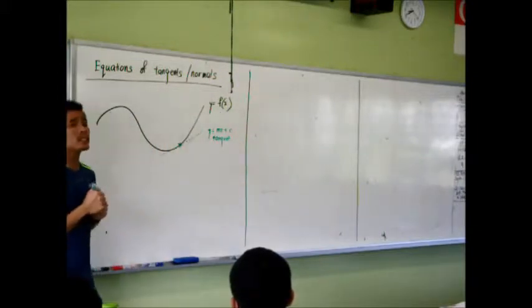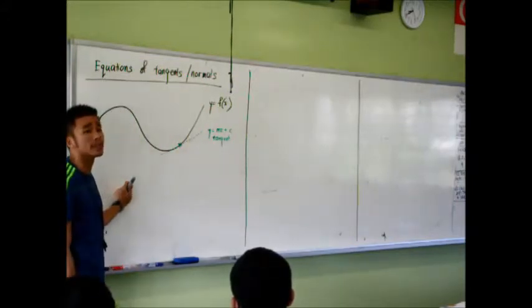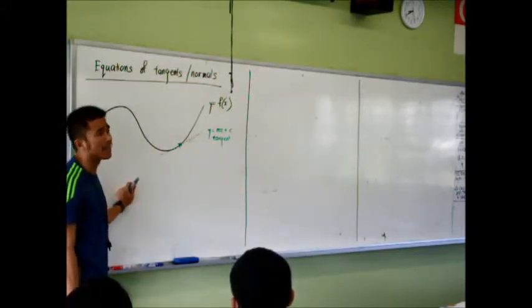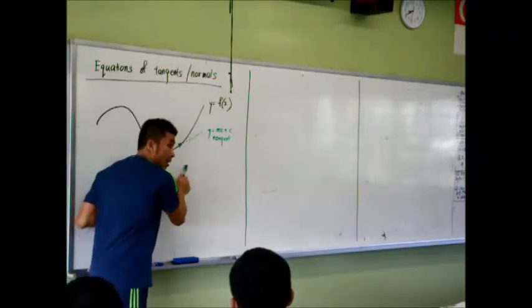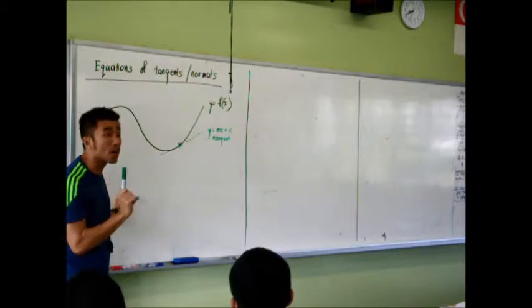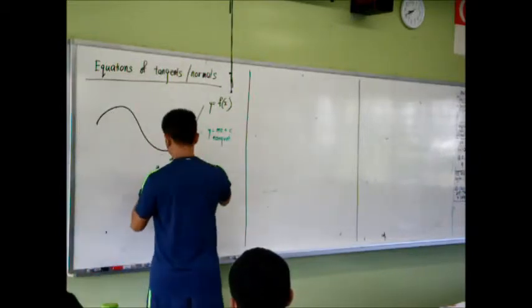But in this topic, you must also be aware there is this line called the normal. But what exactly is the normal? It is nothing too difficult. If this is the tangent, the normal is just a line perpendicular to the tangent at that particular point.